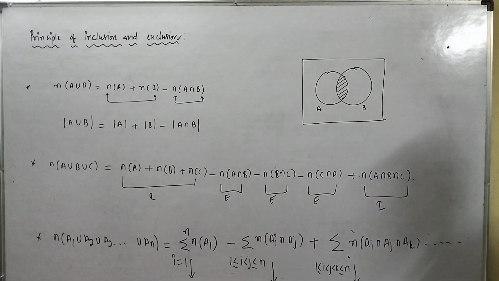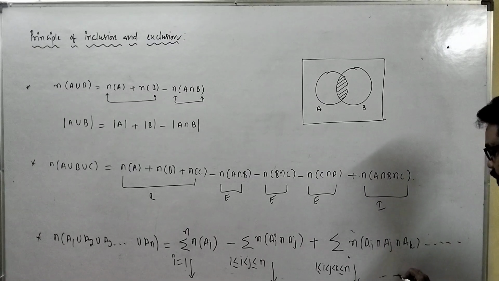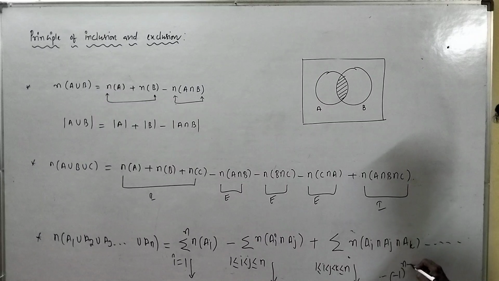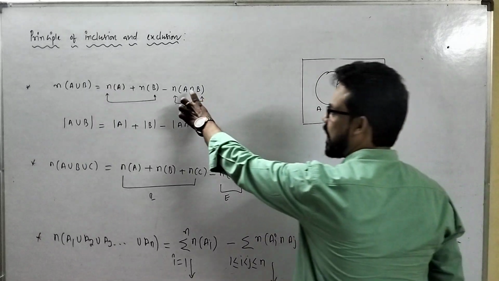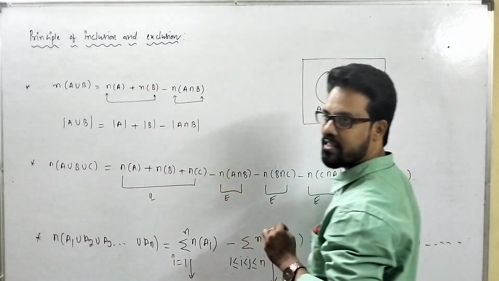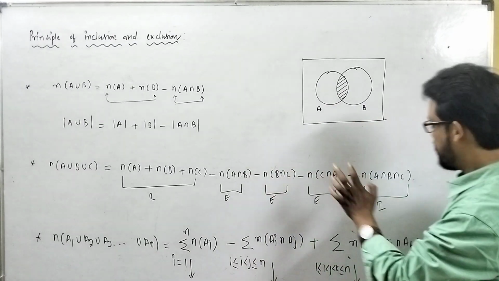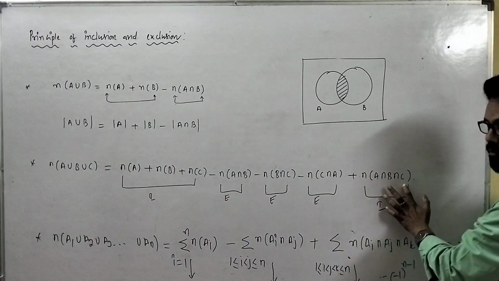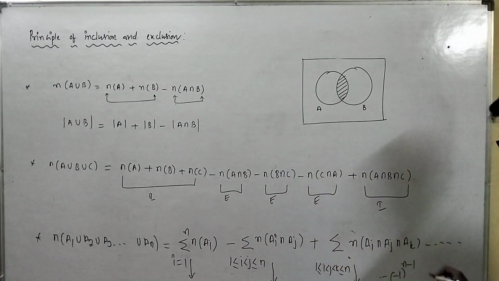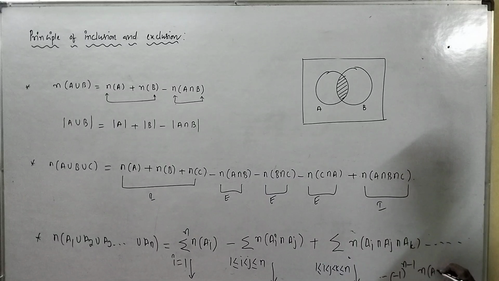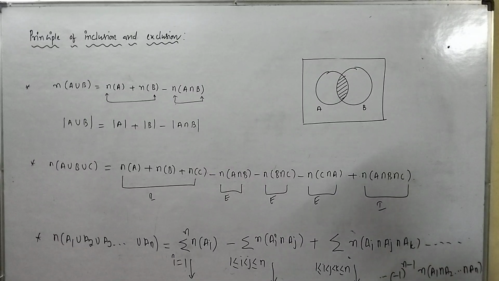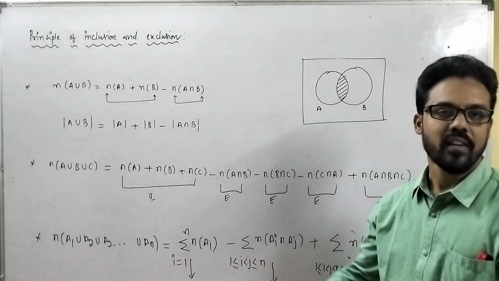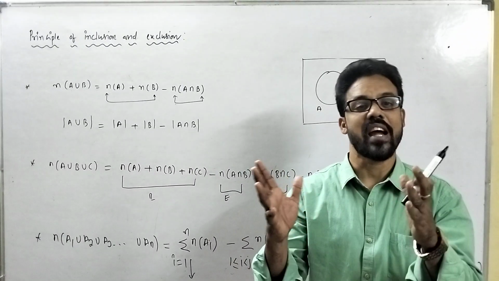Applying minus and so on, I can write up to minus 1 whole to the power of n minus 1. Finally, n of A intersection B for 2 elements. For 3 elements, students, n of A intersection B intersection C. For n elements, we get n of A1 intersection A2 and so on up to An. This is the generalized formula for the principle of inclusion and exclusion.